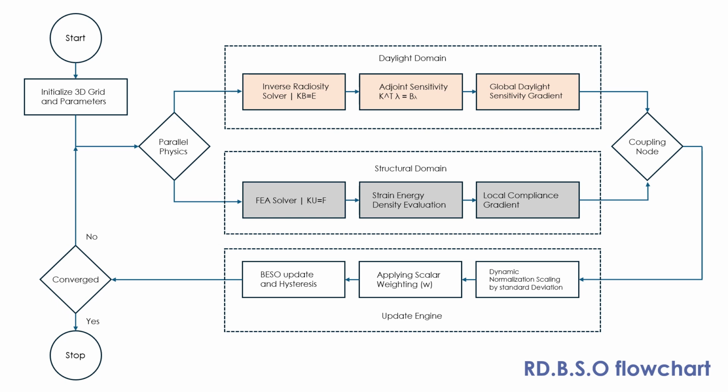The daylight domain solves for inverse radiosity and computes global daylight sensitivity. Concurrently, the structural domain runs a finite element solver, KU equals F, and evaluates local strain energies. Both sets of sensitivities are then sent to the coupling node for integration.